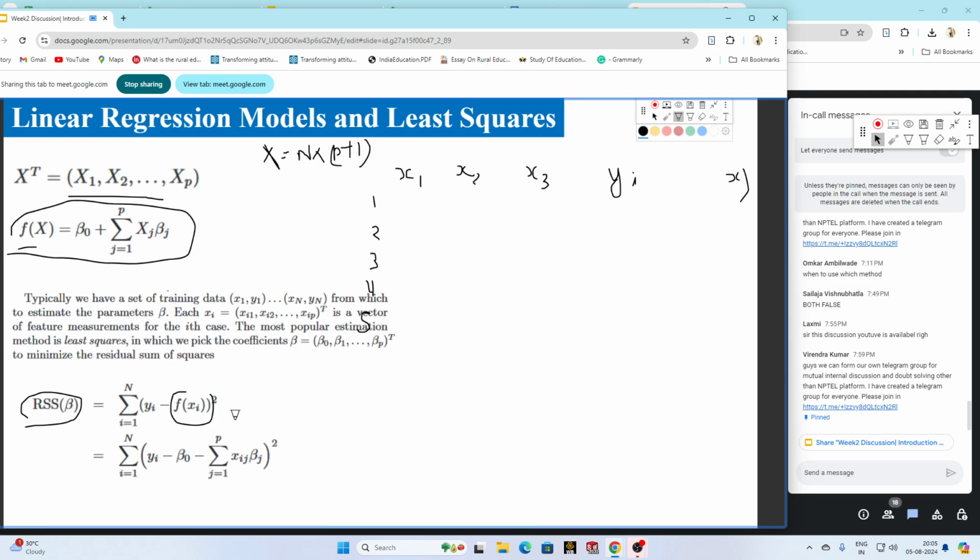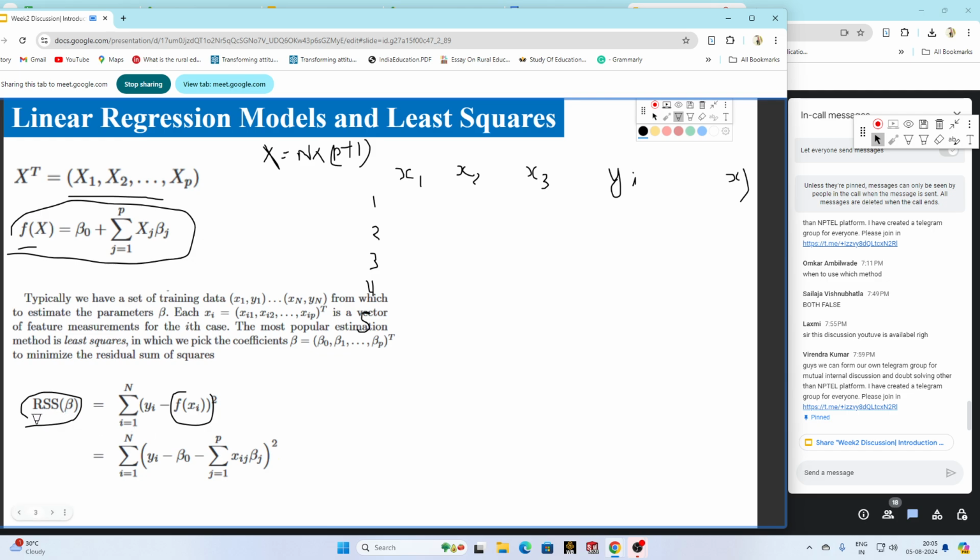If we do not square it, there can be some data points for which the error is positive and other data points for which the error is negative. This is a problem. To counter this problem, we are squaring the error. That is why we are talking about the residual sum of squares.